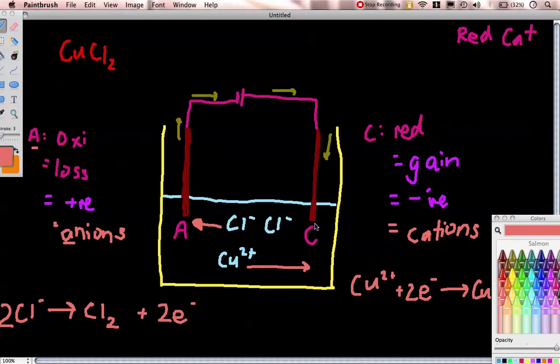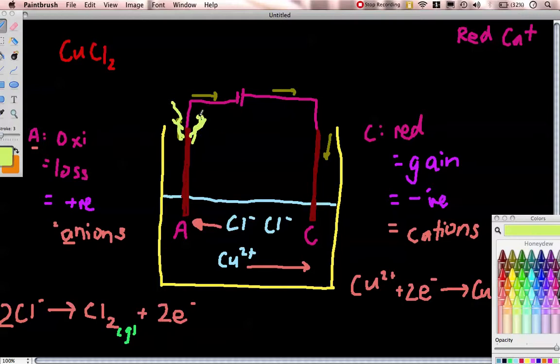And what then happens, guys, is you can tie in some observations to this electrolytic cell. So for example, if you're forming Cl2, that is a gas, and it is a green gas. It's a very pale green, pale yellow gas. So that actually starts being produced and comes off the anode.